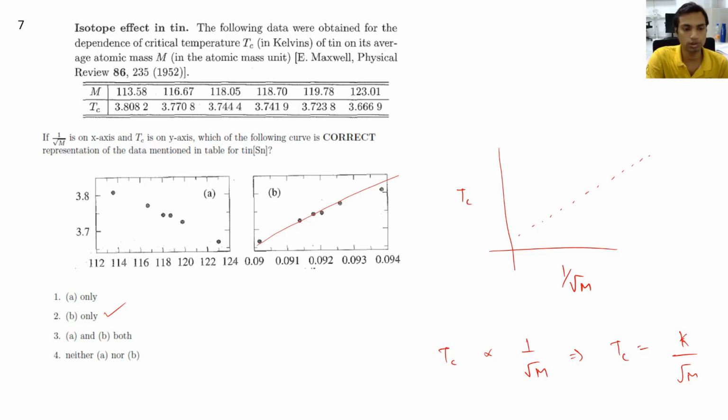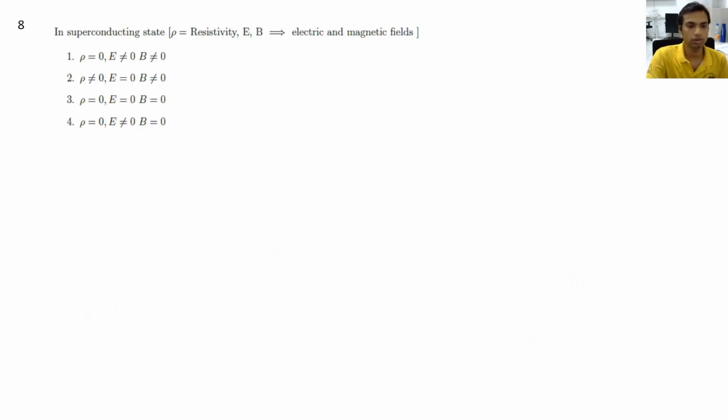Let us go to the next question now. In a superconducting state, what happens to the resistivity, E and V? In a superconducting state, it is a kind of perfect conductor. So rho has to be 0; the resistivity vanishes.